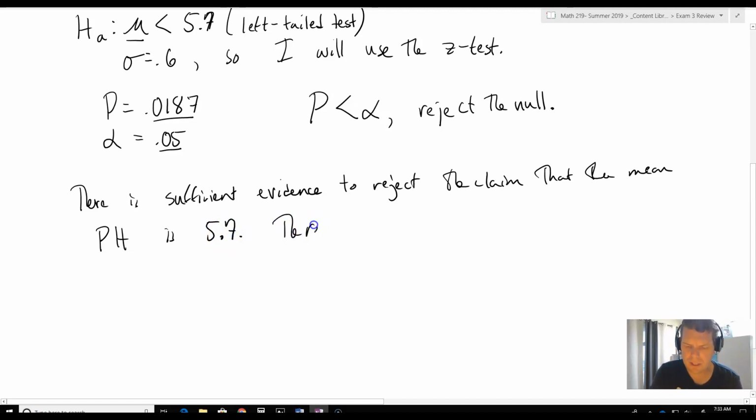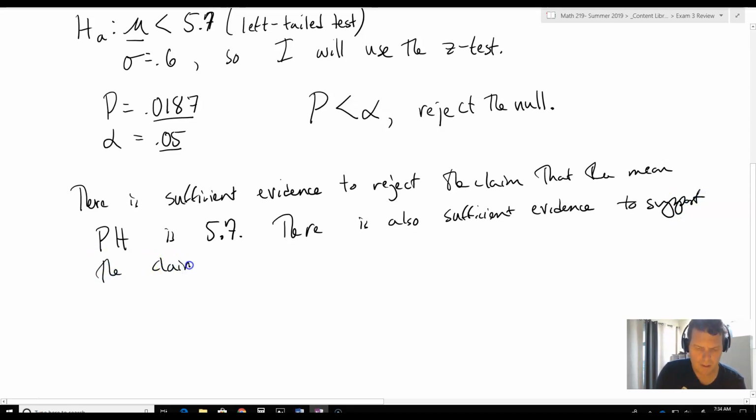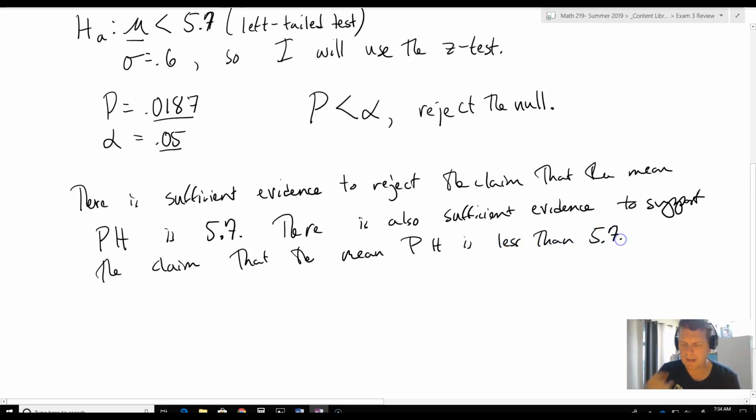There is also sufficient evidence to support the claim that the mean pH is less than 5.7. Okay? Because that's our alternative. So we can support the alternative because we actually rejected the null. We rejected the null. Why? Because p was less than alpha.